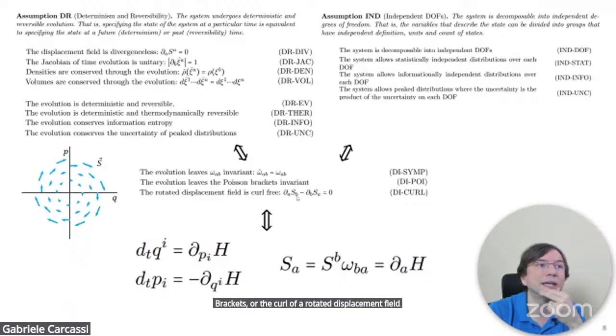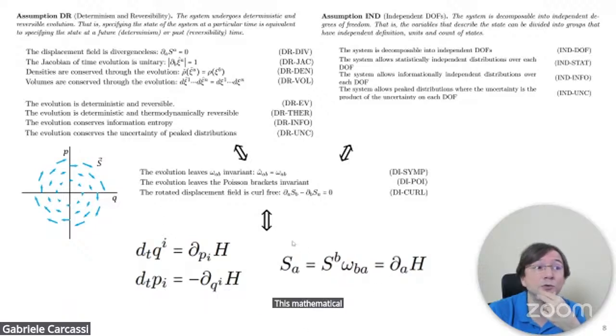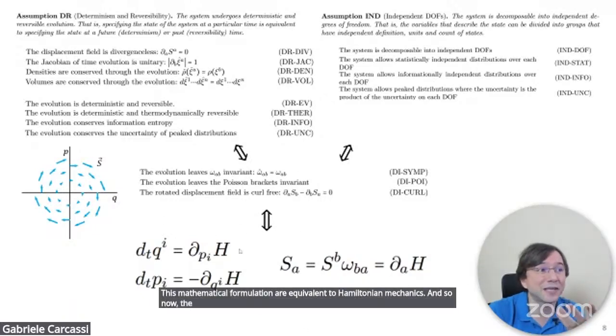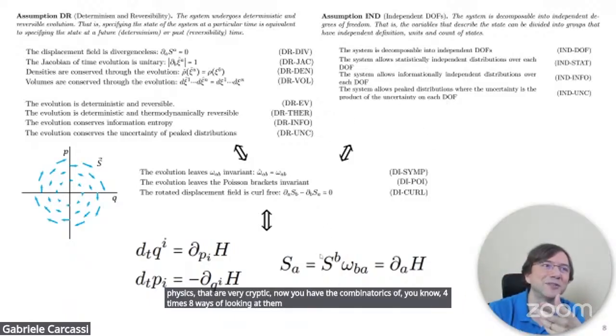And then you can find that these mathematical formulations are equivalent to Hamiltonian mechanics. And so now the same equations that you might be given when you study physics, which are very cryptic, you now have the combinatorics of 4 times 8 ways of looking at them, plus these other 3.